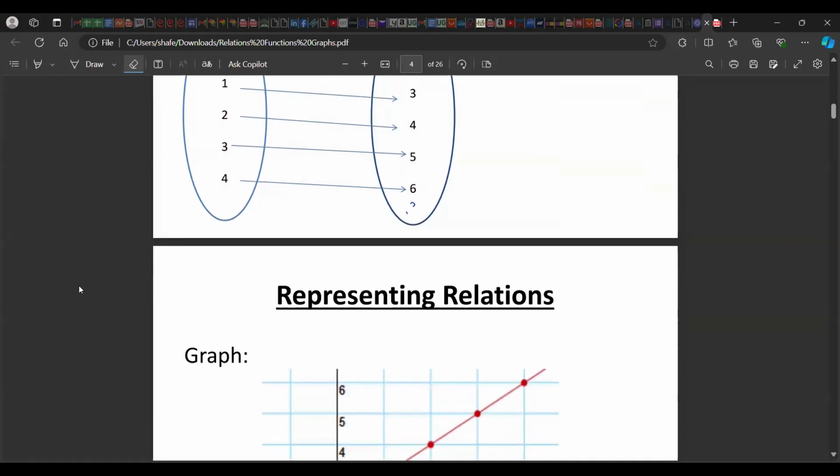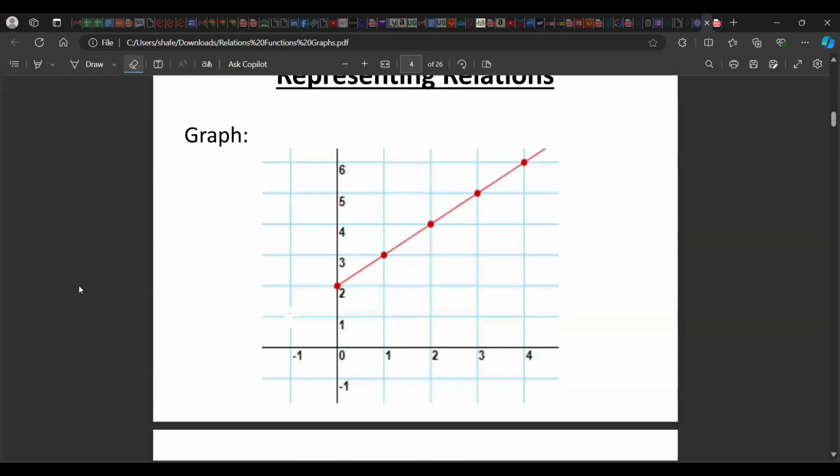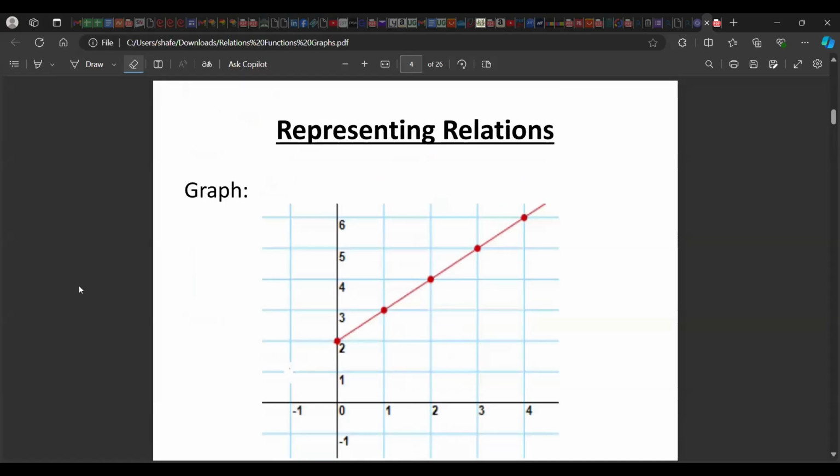Good. So we can also represent this relation on a graph. Later on, you will learn that the graph you're seeing here is what we call the Cartesian coordinate plane.